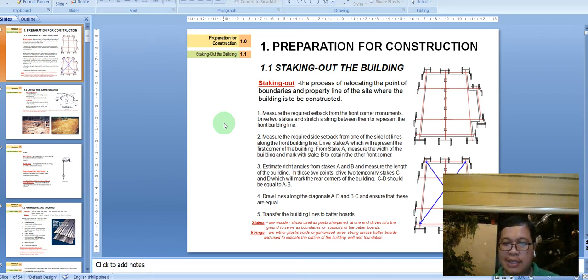Because if you don't get a building permit and you just build something, there's a possibility that you are building on the wrong lot. Now, it could lead to a lot of complicated problems in the future like litigations, etc. So that's staking out. Don't worry class, I'm just going to give you an overview for this one. I'm going to post the PowerPoint later on.